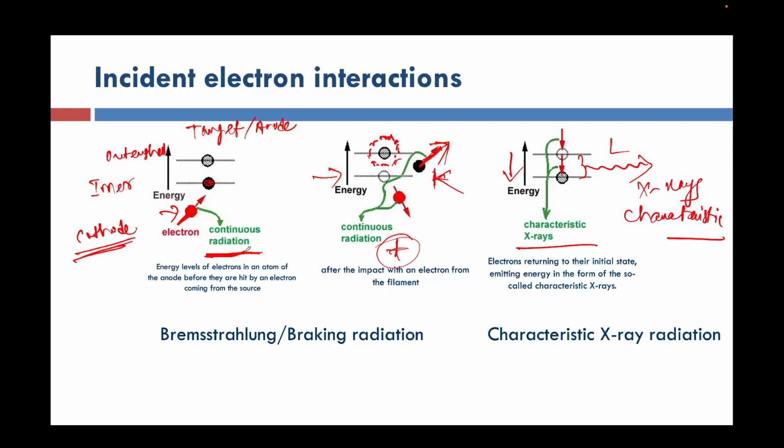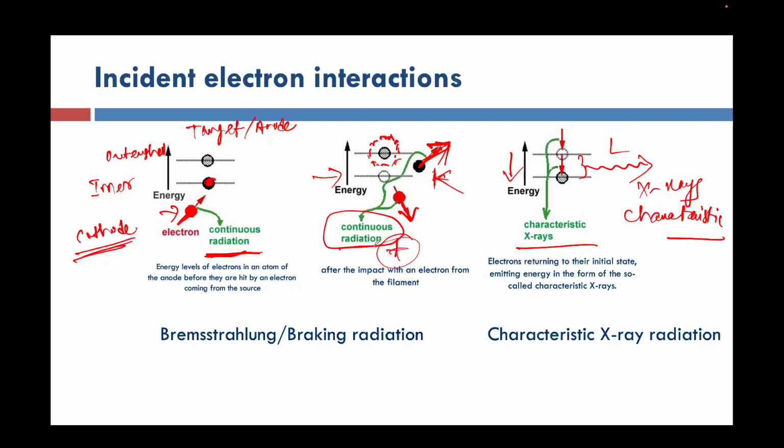Similarly, after knocking out the inner shell electron, the electron coming from the cathode reduces its energy, and the K shell electron which was earlier there, when it accelerates, will also emit radiation. That radiation is also known as continuous radiation.